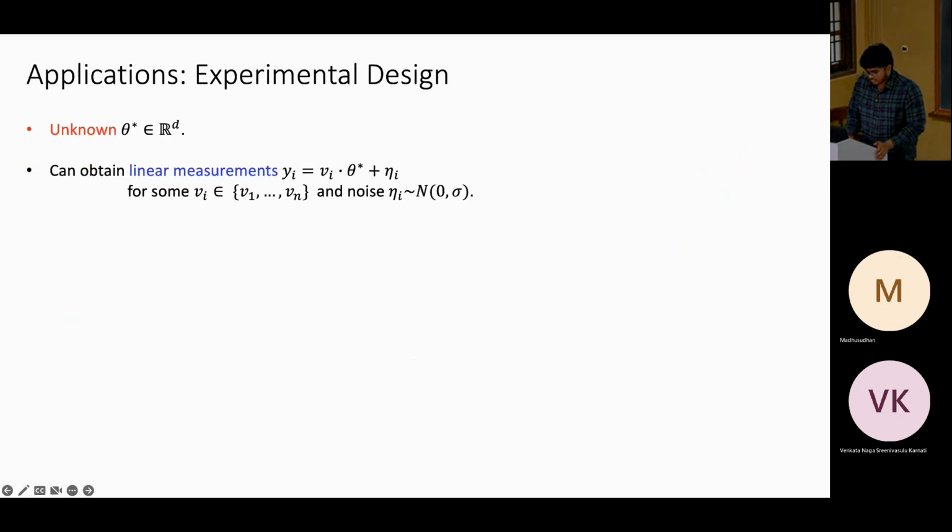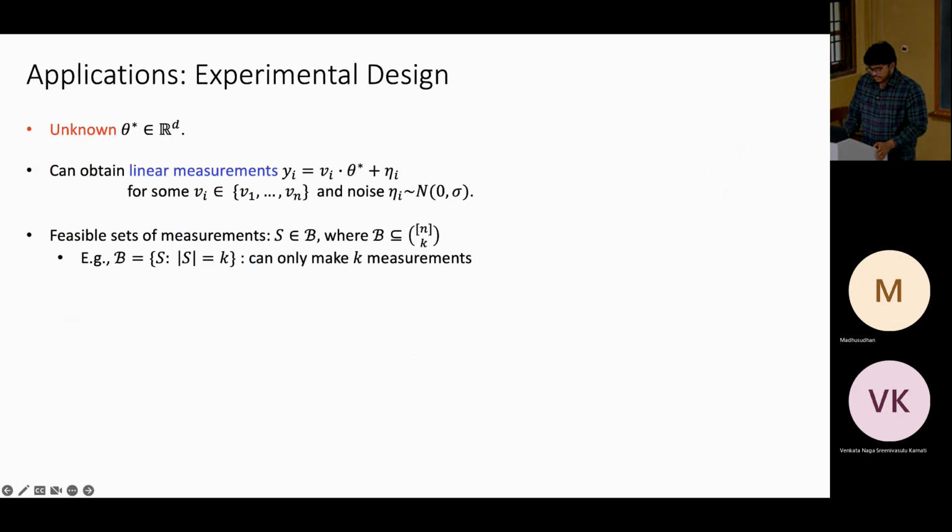You have a bunch of vectors v1 up to vn, and you can only pick a subset of them so that you'll get linear measurements of theta star with some noise, right? The feasible sets of measurements are some subset of size k, and it can be any subset of size k, but more generally, we want it to be combinatorial, like it has to be a basis of a matroid.